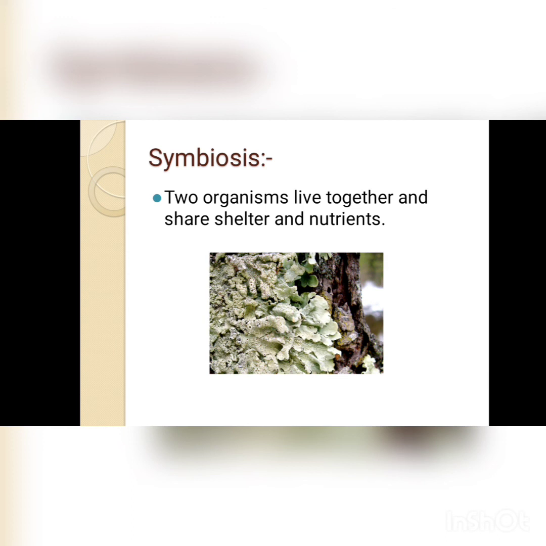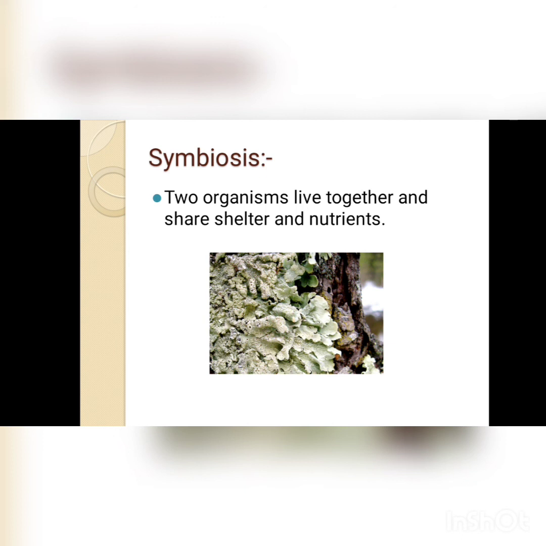What is symbiosis? When two organisms live together, sharing their food and their shelter, this association is known as a symbiotic relationship or symbiosis. Clear?